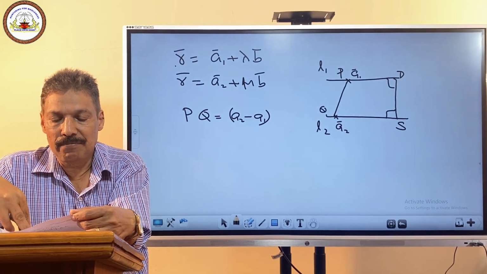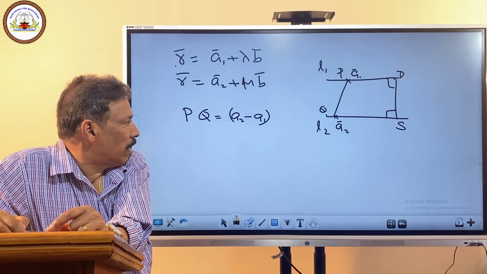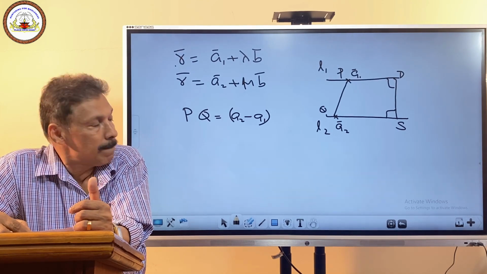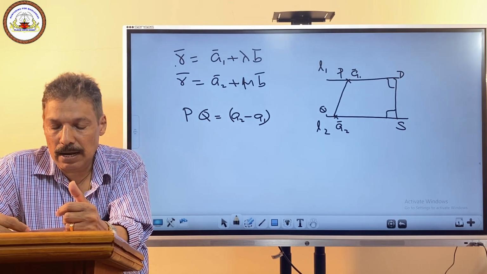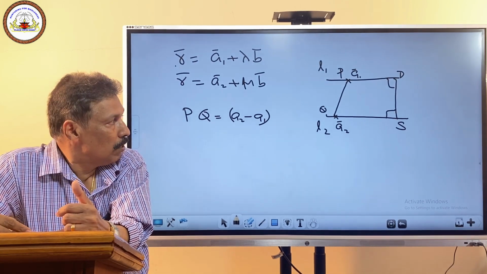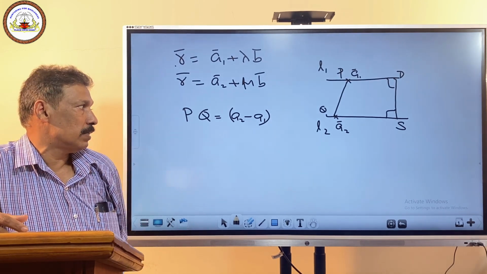So we can find it, then another is A2 minus A1. Therefore we take the vector perpendicular to L1 and L2, that is, we take the cross product of this B bar and A2 minus A1.